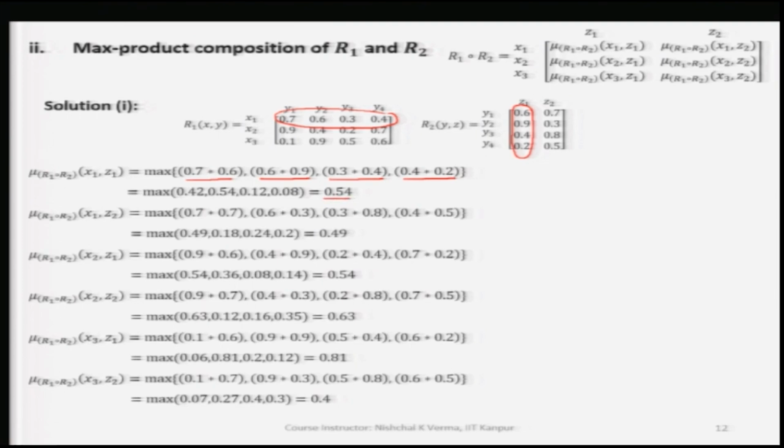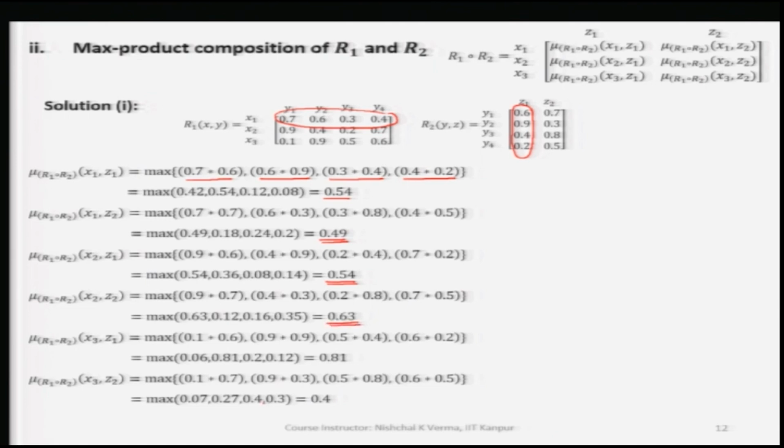0.54. So, similarly the first row of R1 and the second column of R2 will result in 0.49, and then the second row of R1 and the first column of R2 will result in 0.54. The second row of R1 and the second column of R2 will result in 0.63.